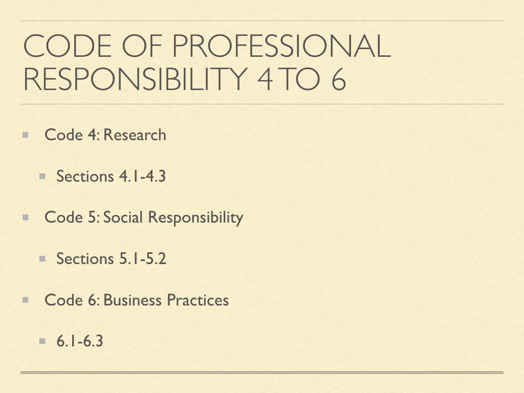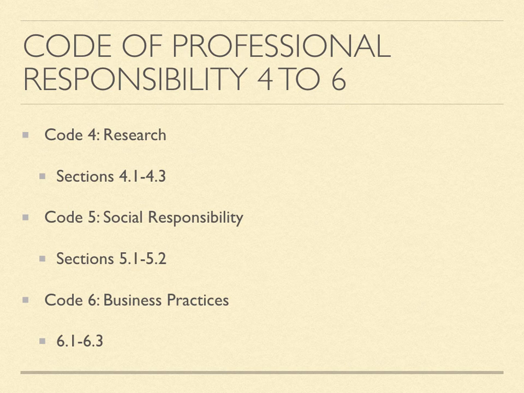Then our Code of Professional Responsibility 4 through 6. Code 4 is research. Now, a little clue on this. I think almost everybody in this class has completed the research methods class. So your final paper in your research methods class would be a good artifact for Code 4.